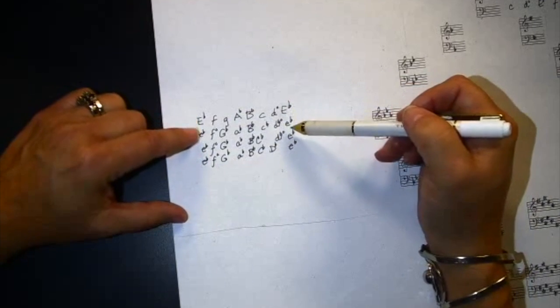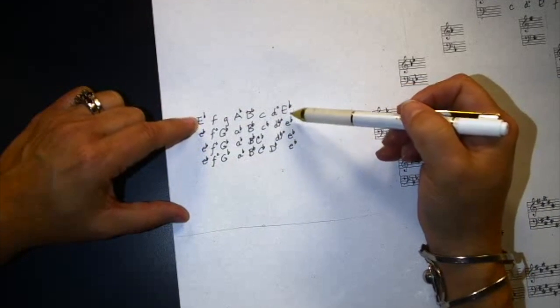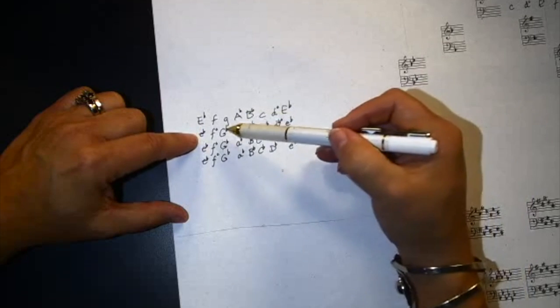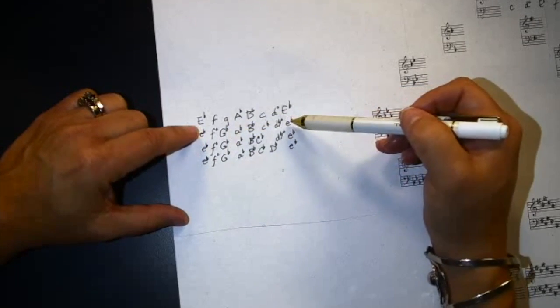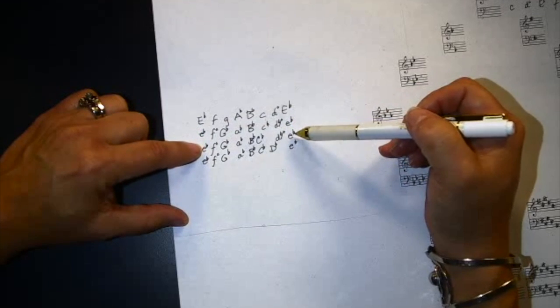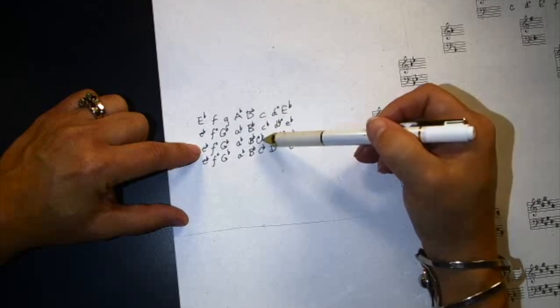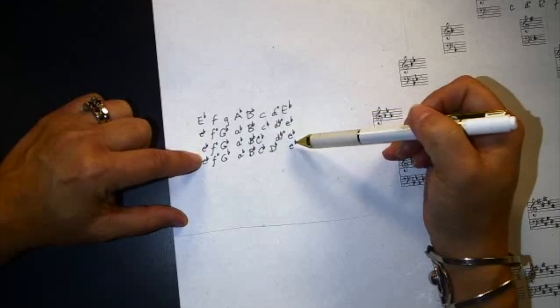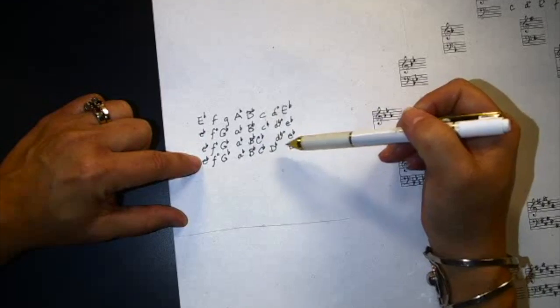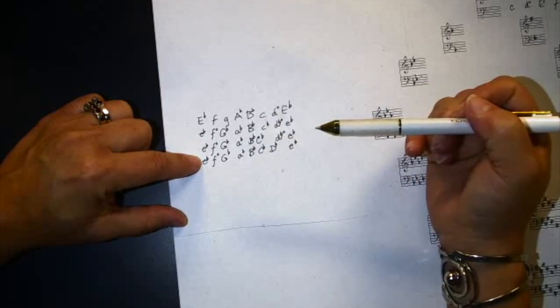As you move from major to ascending melodic minor, you lower the third a half step. As you move from ascending melodic minor to harmonic minor, it affects scale degree 6. And as you move from harmonic minor to natural minor, it affects scale degree 7.